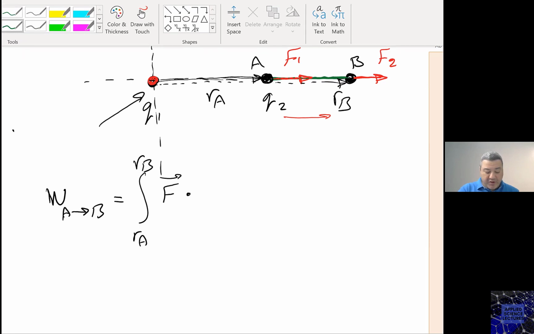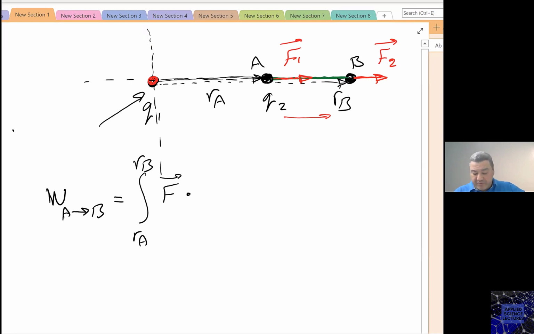Now, because this path is a vector, and I'm integrating along this vector, which is this delta r, then I will need to pick an infinitesimal piece that, because I am on the x-axis, I will be calling dx.